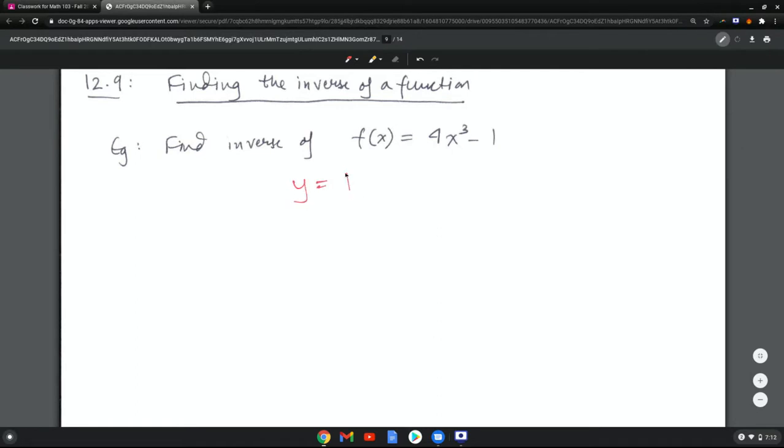So I write this function. Remember, y is the output and x is the input. So we swap x and y. So this becomes x equals 4y cubed minus 1. And now we solve for y.